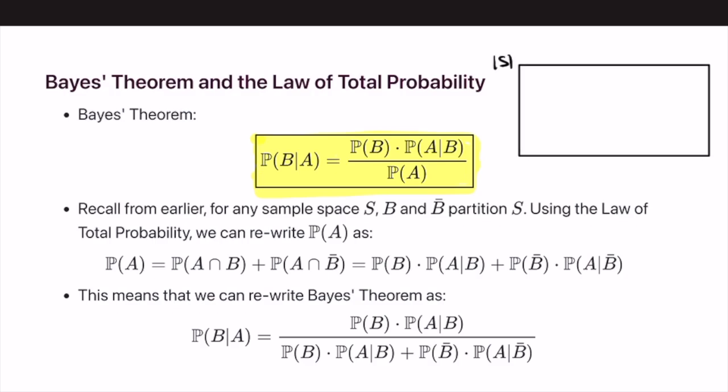So here we have our sample space, and it's divided up into two. One is B, and one is the complement of B. And we have some event A, and A occurs like this.